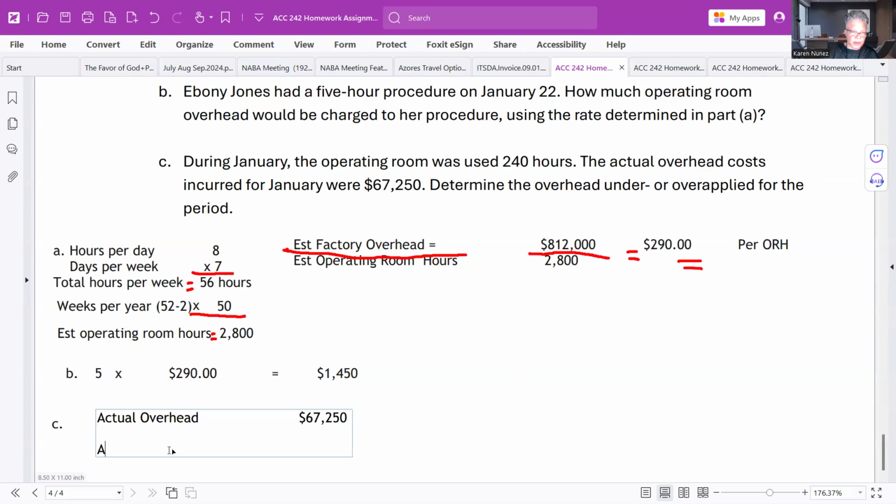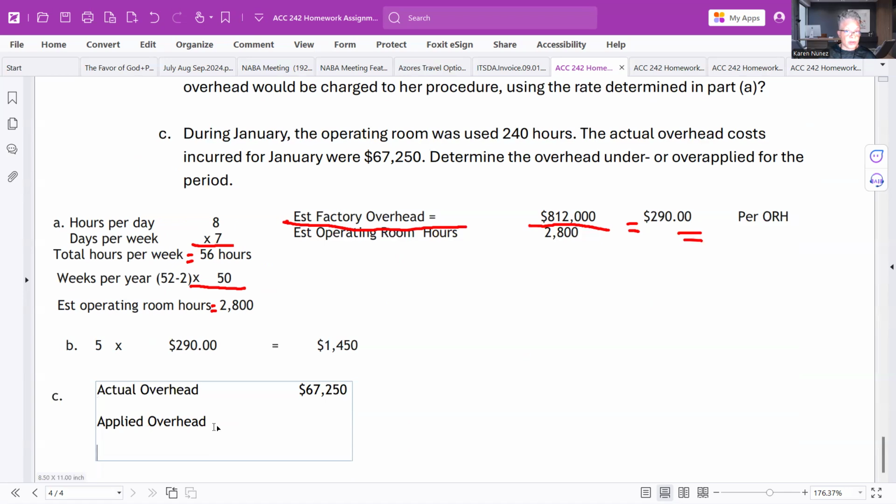So what's the applied overhead? How do we get that? The applied overhead should be the number of hours, 240 hours, times the rate, $290. So 240 times $290 is 69,600.